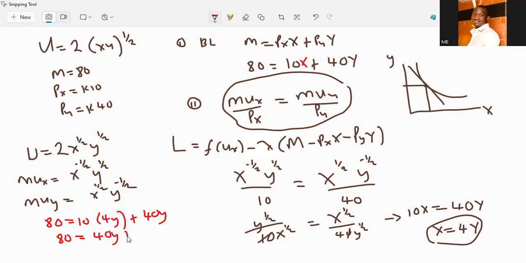So what are you going to get? 80 is equal to 80y. So meaning what is our y? Our y is equal to 1, when we divide 80 on both sides. Then when you put the y of 1 there, our x is equal to 4 times 1, which is 4. So how many units of y will maximize utility? 1 unit. How many units of x will maximize utility? 4 units. So this will carry about 15 marks.